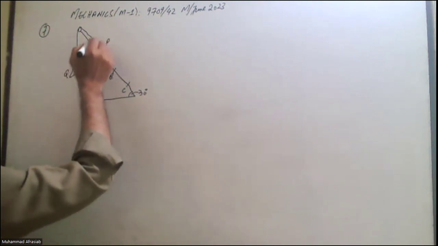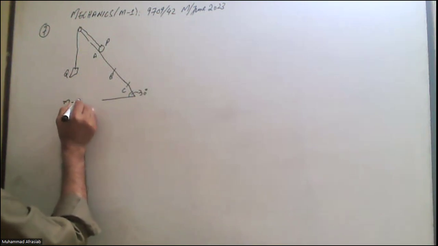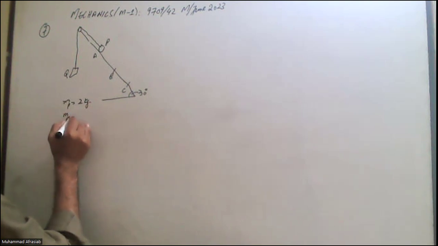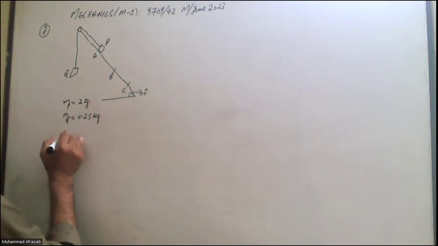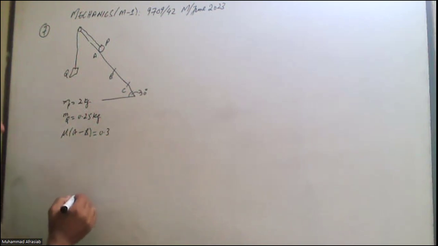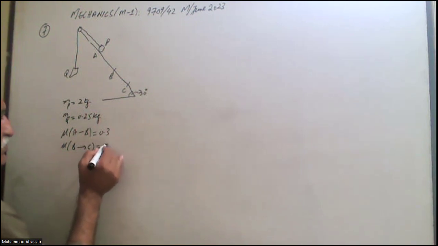The mass of the particle P is equal to 2 kg. The mass of the particle Q is equal to 0.25 kg. The coefficient of friction from A to B is 0.3, and from B to C it is smooth.